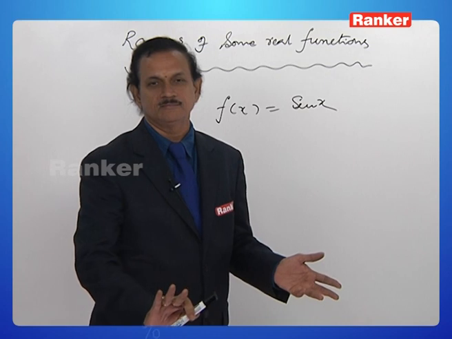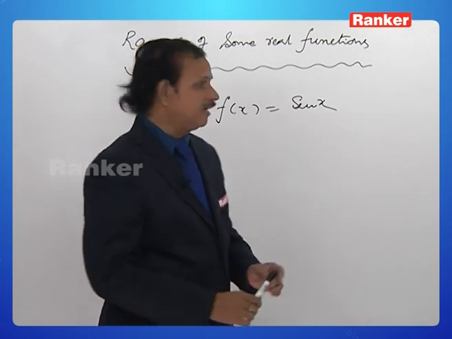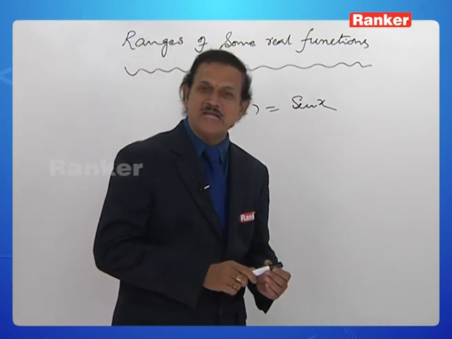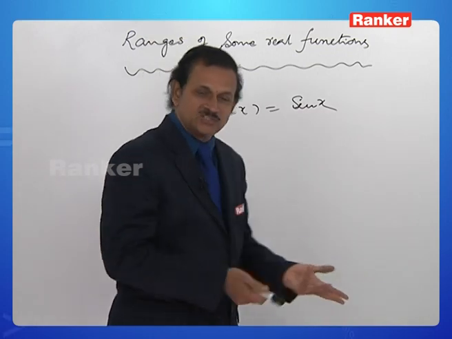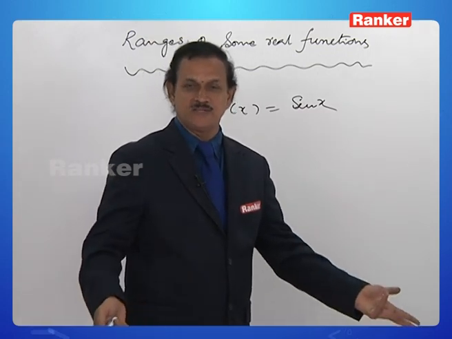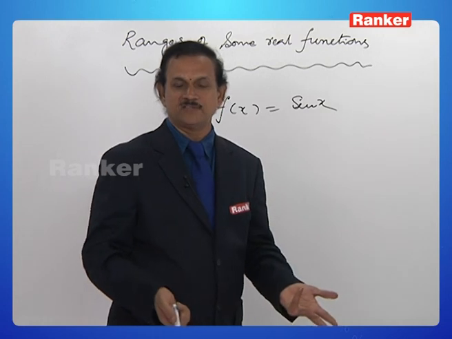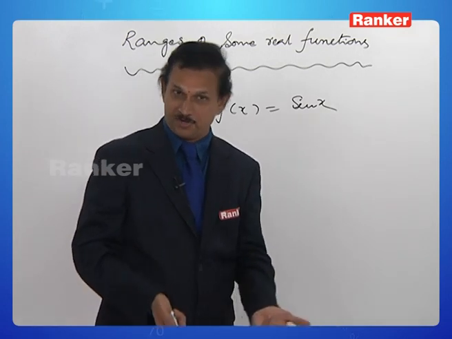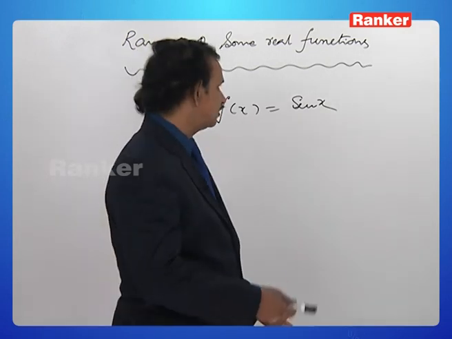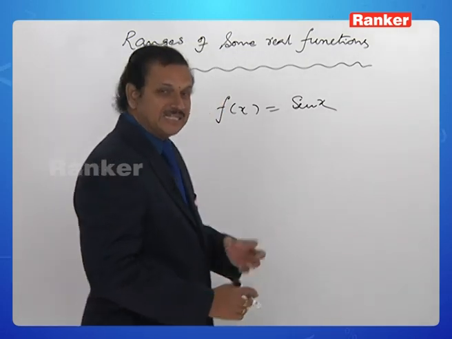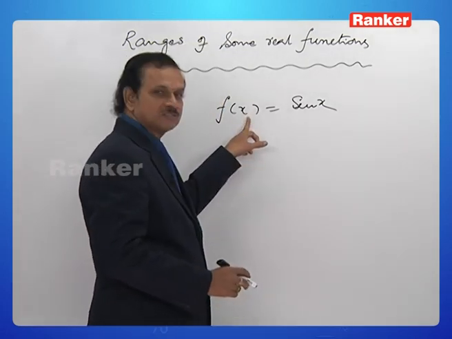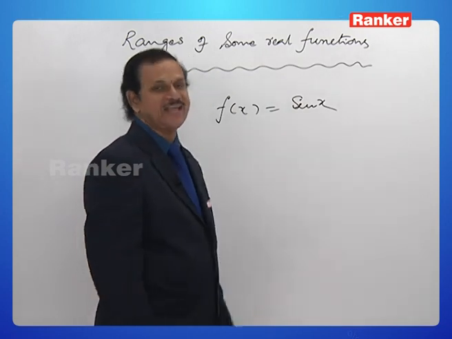Sin 3, where 3 means 3 radians. If I give you x equal to 100, then f of 100 is sin 100. Sin 100, sin 3, sin 40, sin 45 degrees, sin 45 radians, sin 60 degrees, and so on. There are so many things. Here the input is x, the output is sin x.